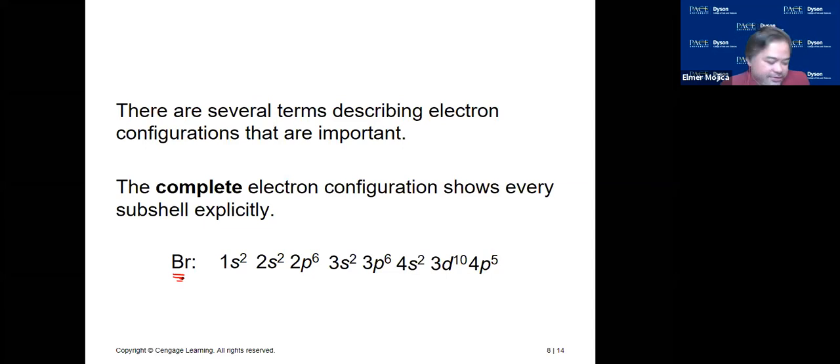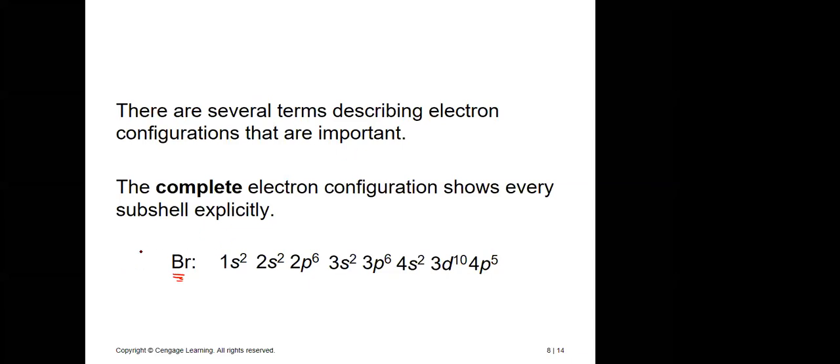The first thing for you to do is determine the atomic number. What's the atomic number of bromine? Anyone? 35. Okay, so you have the 35.